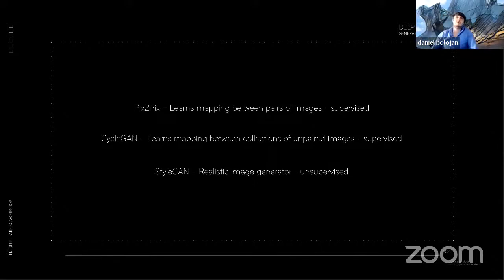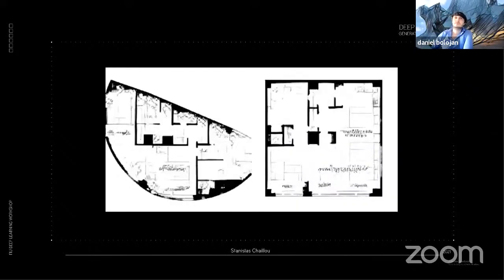So when we say that we have a supervised learning process, we refer to a process in which we specify clear labels of what exactly the network has to learn. I'm going to show you just in a second examples of what that is in Pix2Pix, for example.